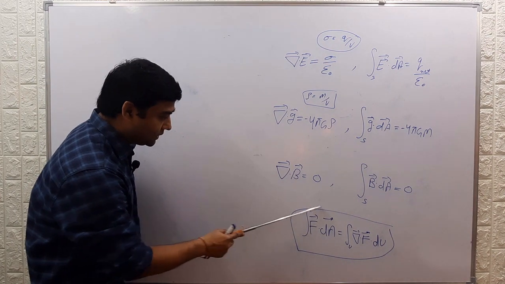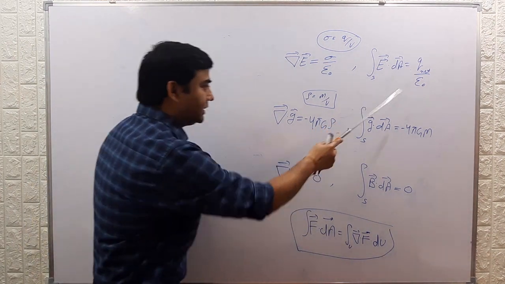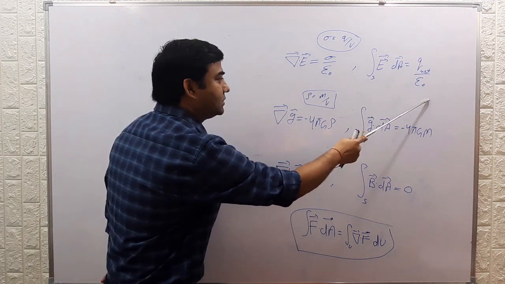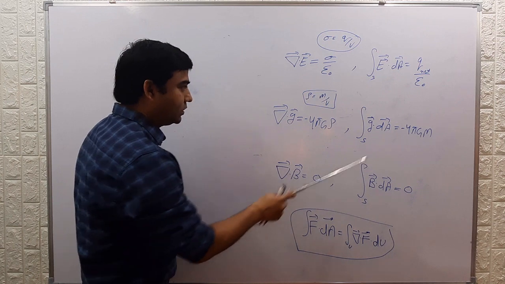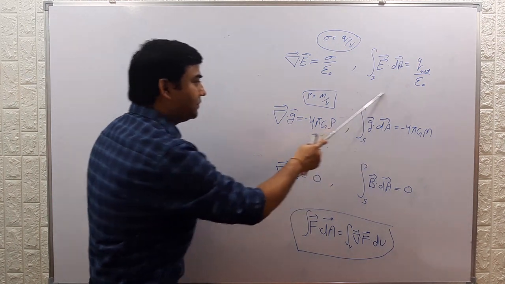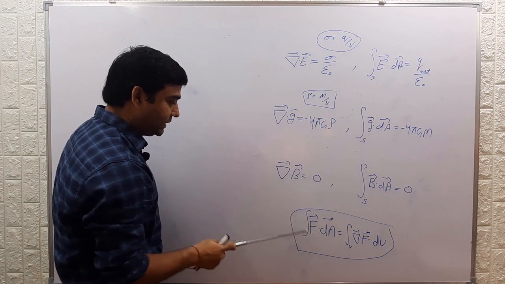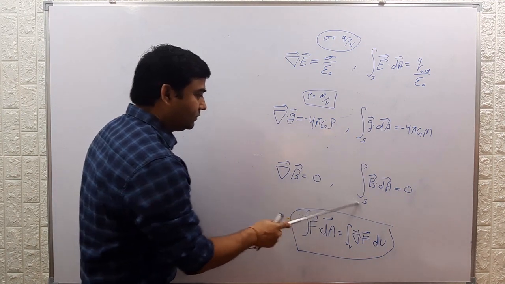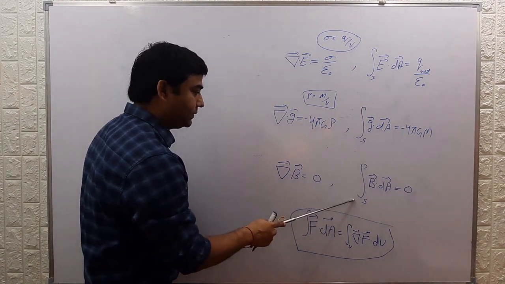So when you compare integral part of Gauss divergence theorem with this, you get integral form of Gauss's theorem for electric field. When you compare integral part for gravitational field, you get integral form of Gauss's law for gravitational field. And when you compare integral part in magnetic field, then you get integral form of Gauss's law for magnetic field.